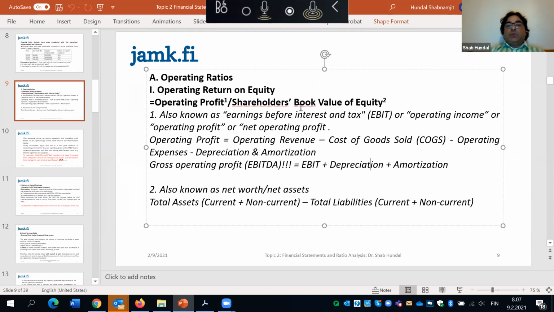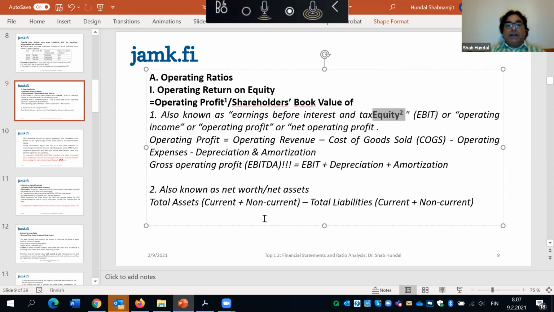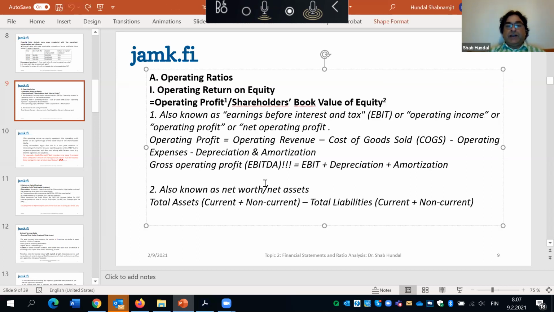The shareholders' book value of equity has some synonyms, as I wrote here in note 2, where the explanation is given: the book value of equity is also known as net worth or net assets.